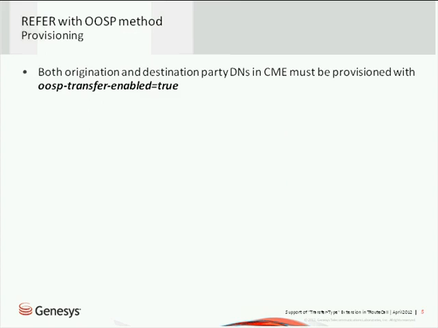The second routing method would be refer with getting out of signaling path. Configuration is basically pretty simple. You will have to set the OSP transfer enabled option to true at both caller and routing destination trunk DNs.